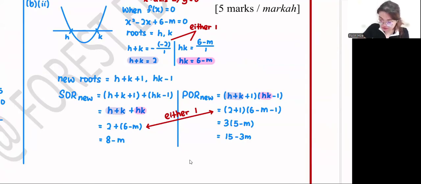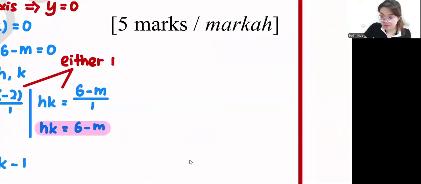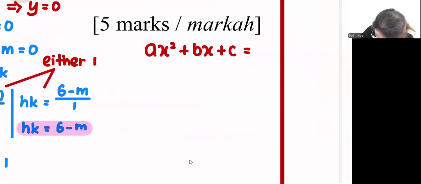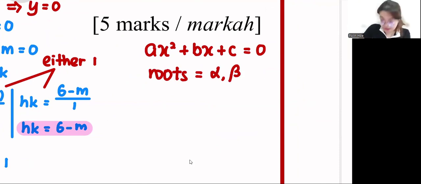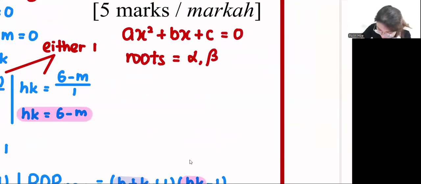So what is the formula to form new equation? So let me write something for you. So go back to some notes. 要写 notes 一下。ax squared plus bx plus c equals to 0. We are going to do roots equals to alpha and beta. 这个是 general 的哈。So 不管你是 form 4, form 5, you should know this.